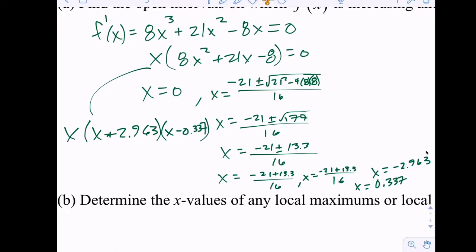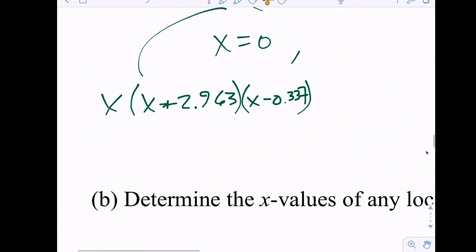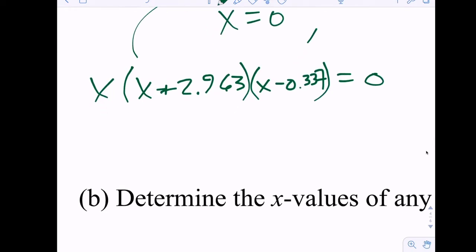That's what the derivative factored would look like. So assuming that it factored into nice integers, which on your quiz tomorrow I will make sure that it works, then you would just be able to look at that and say, oh, my zeros are 0, negative 2.963, and positive 0.337.